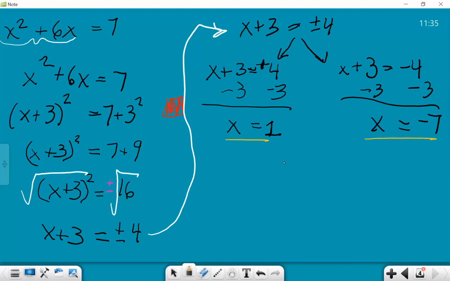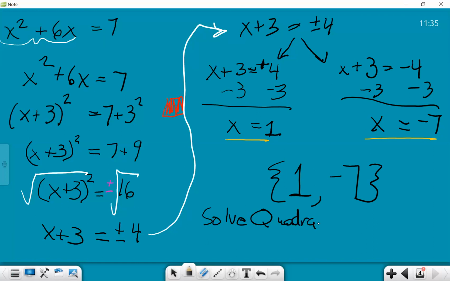Those are my solutions, and so finally I will put them in set notation. And that is how you solve a quadratic equation by completing the square.